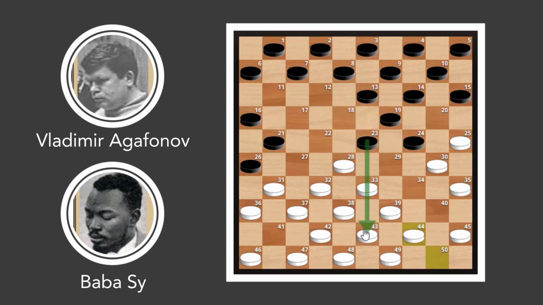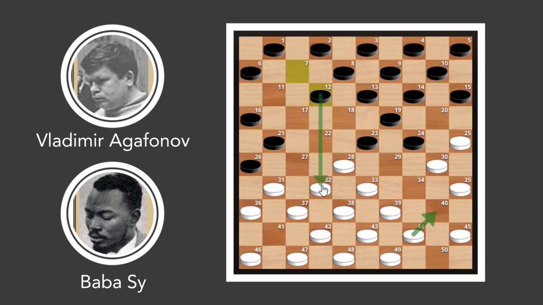Again, if you draw the square diagram, we see that the 44 here controls these key positions. So we need to move to the center of these key squares. Vladimir answered the move by playing 7-12, and the move was replied to by Babasai by playing 44-40.